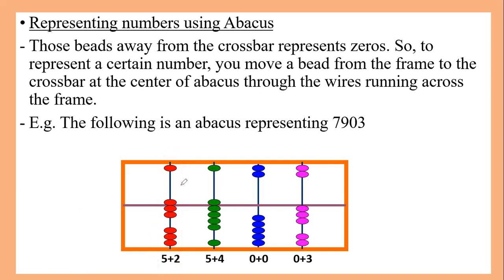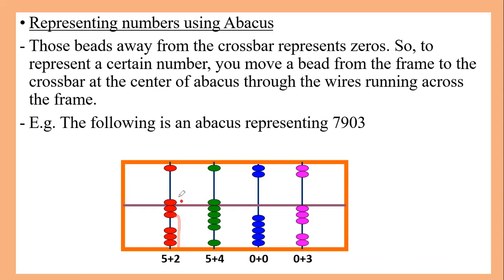So 7, that is 5 plus 2. Therefore, we move one bead from the upper side to the crossbar. And this is the bead. So this bead represents 5. Then from the lower side, we move 2 beads. 1, 2.